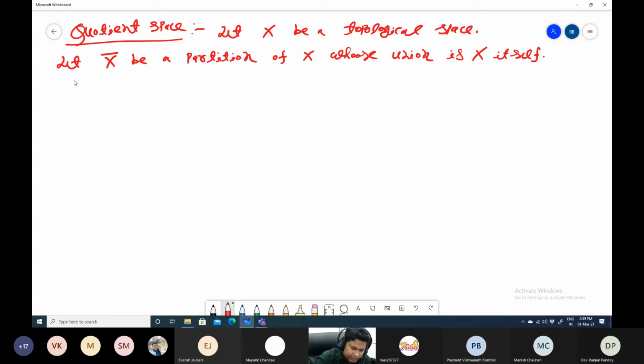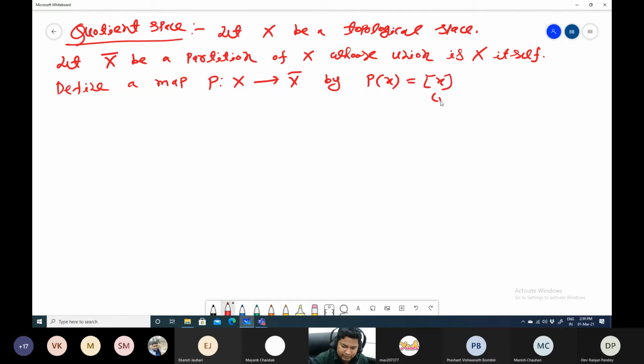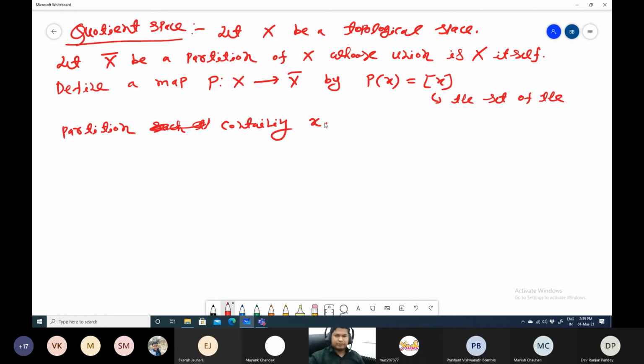Now define a map P from X to X bar by P of x going to the set of the partition containing x.